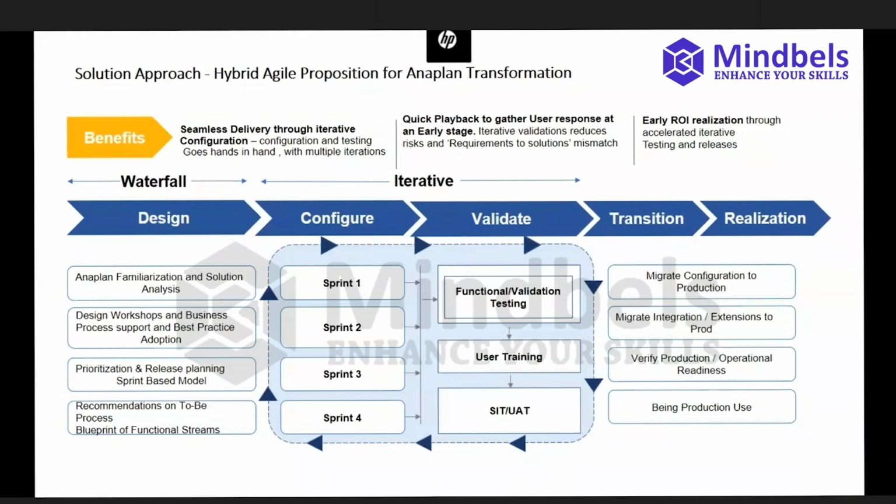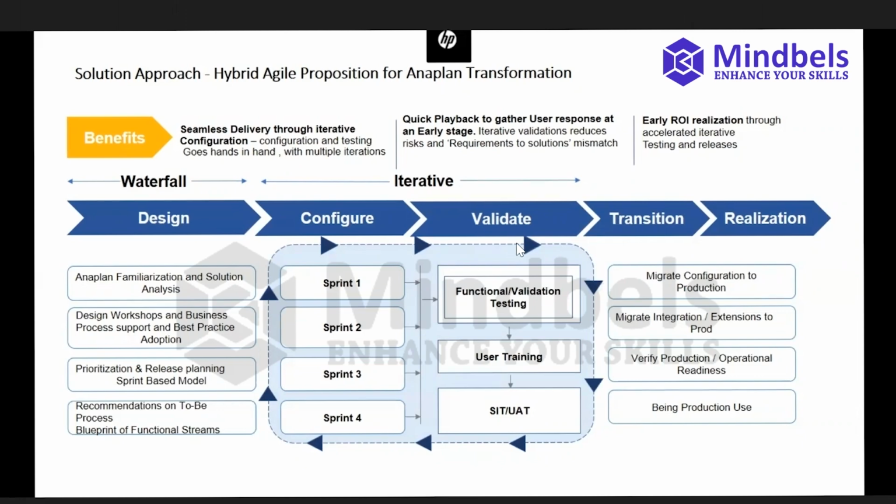What is happening in the first step? In the first step, we design all these model building activities, the front to back approach. Once we design, we conduct some workshops, gather all these requirements and divide them into different sprint levels. Based on this prioritization, we build in sprints. Once we build all these requirements, we need to validate.